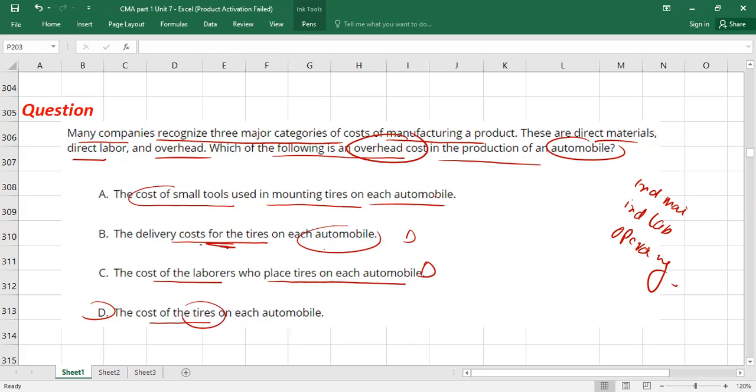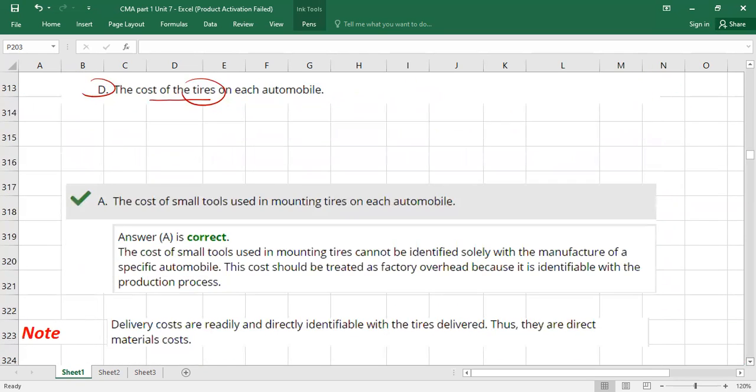It means I can say this is the overheads. If the word they use is small tools, we can say it is a kind of indirect material we are using. So this will be part of overheads. Understood? I'm sorry guys. So here we go now.